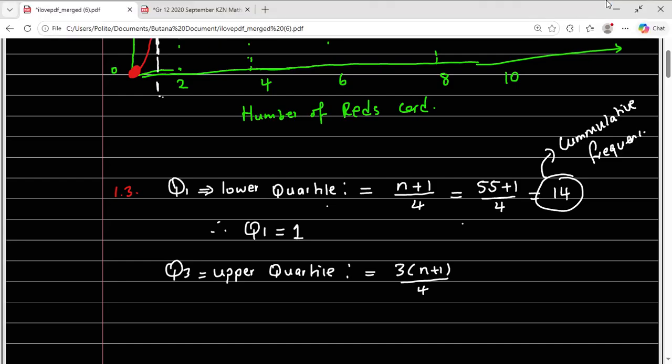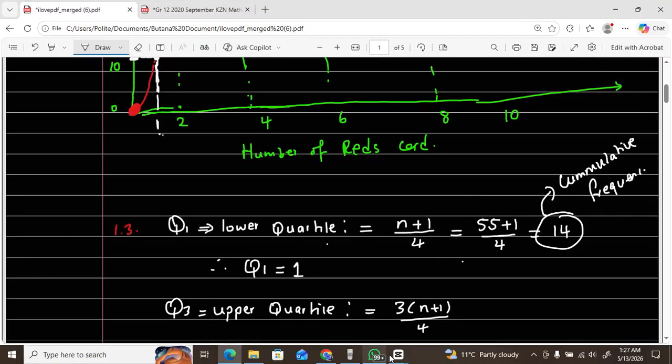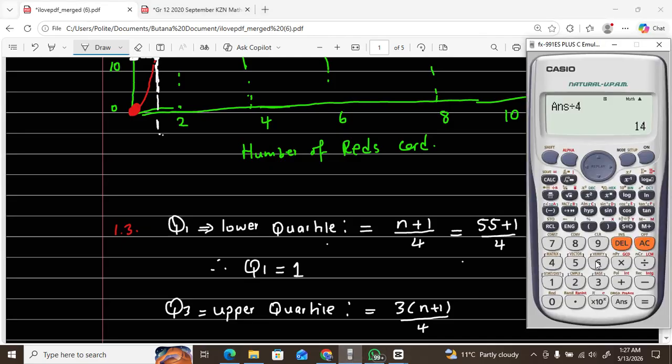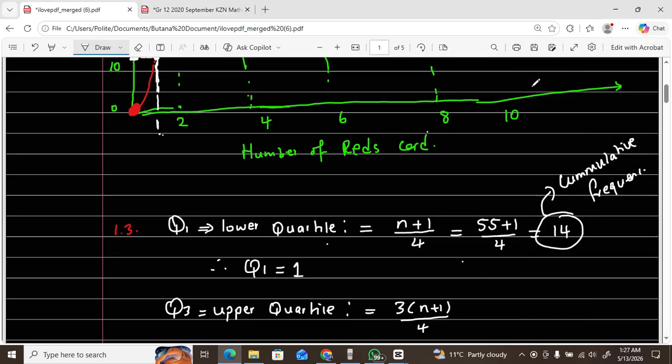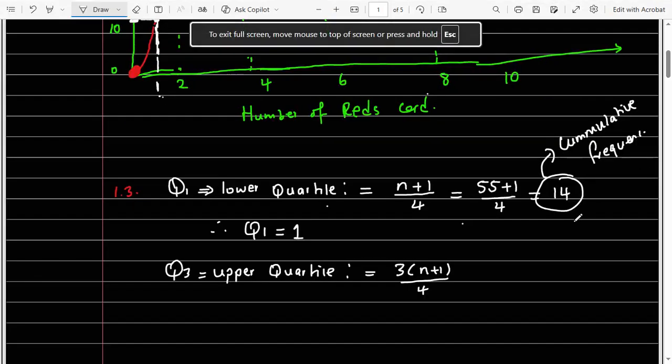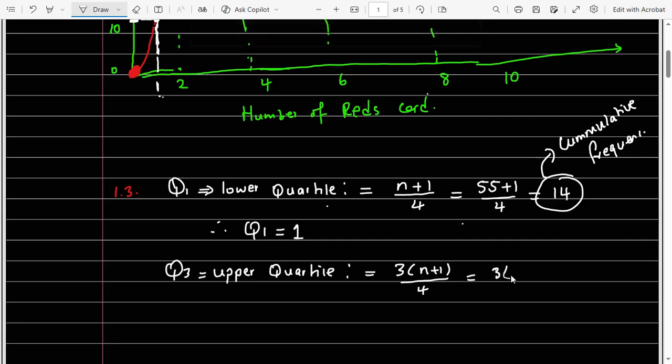So this will be 3 into n, which was 55. You add 1, close the bracket. This gives us 168. Divide that by 4. This gives us 42.